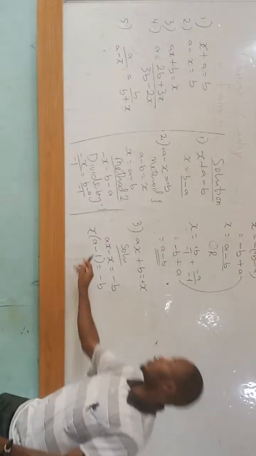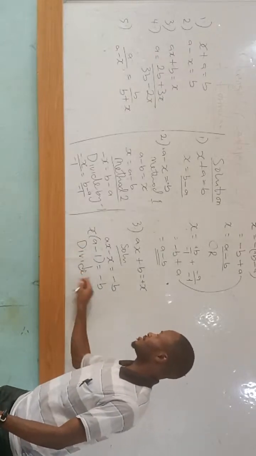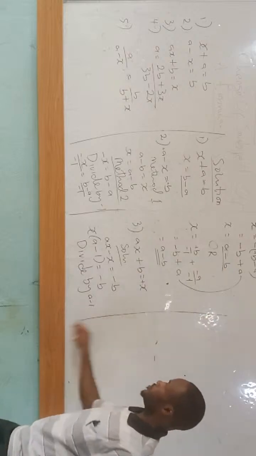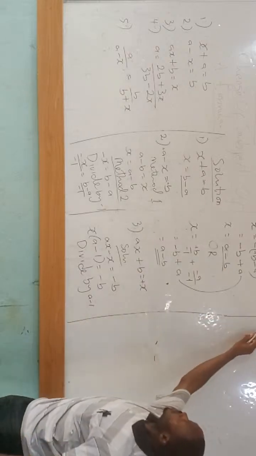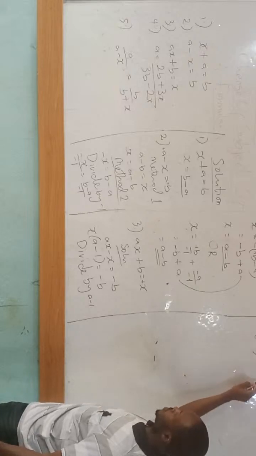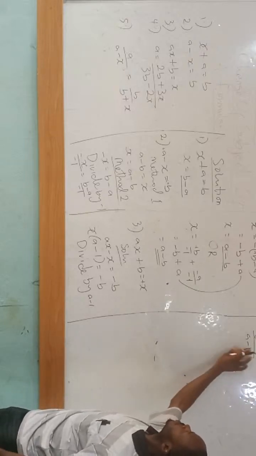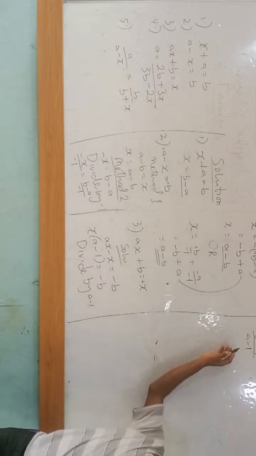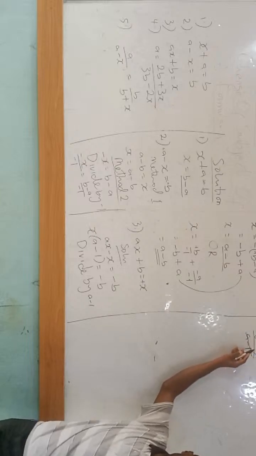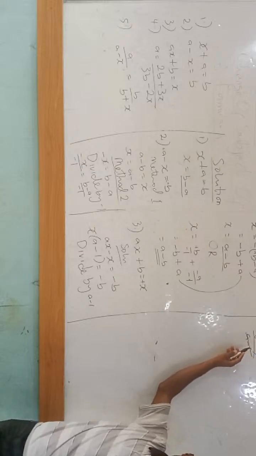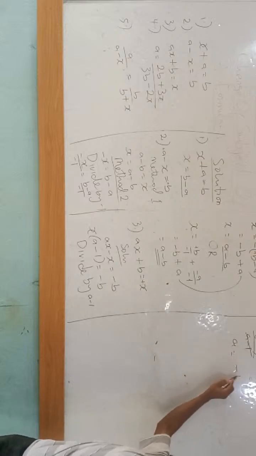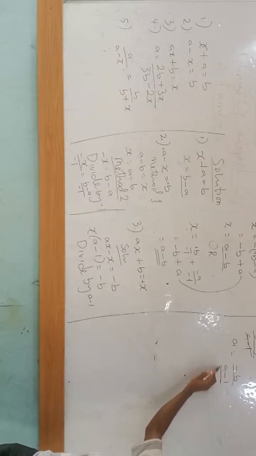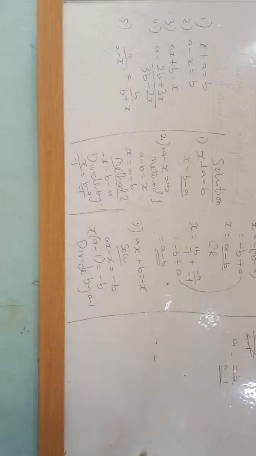So you divide by a minus 1, so that these two will cancel out. Are you with me? That means x is equals minus b over a minus 1.